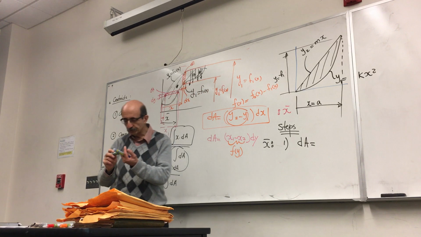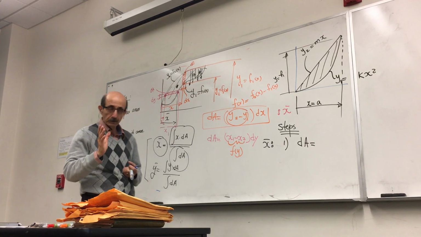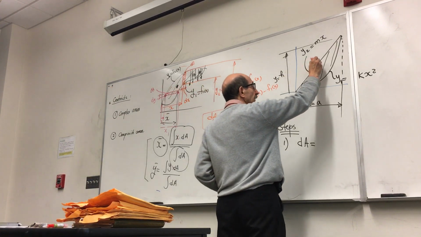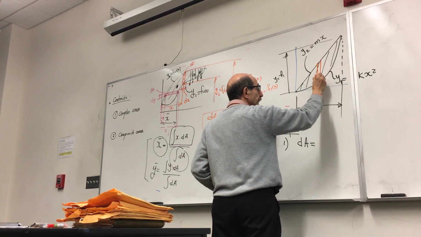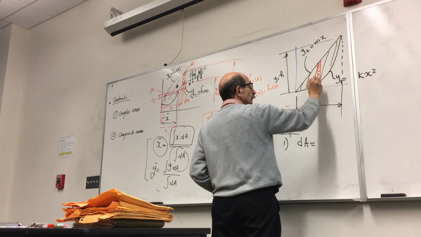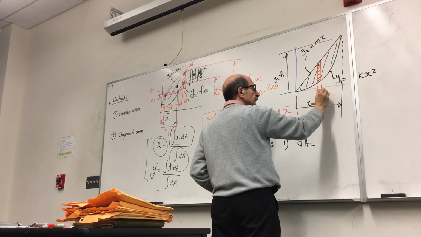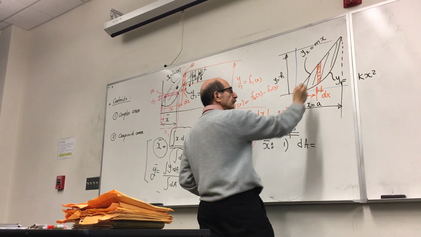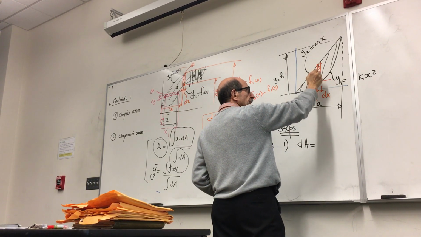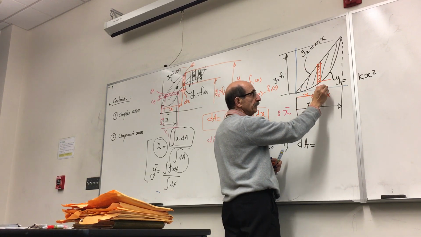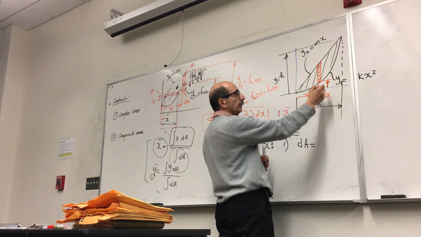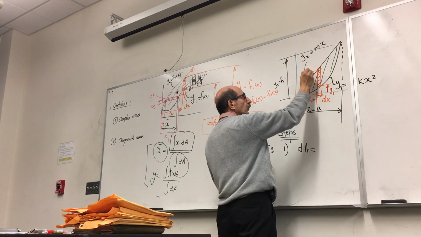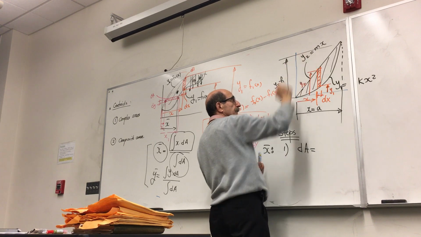I said dA is described by a differential element whose sides are parallel to the y-axis, okay? So this is dx at a general point x. So the area of this rectangle would be this y1, which is given by this function, minus y2 given by that function.